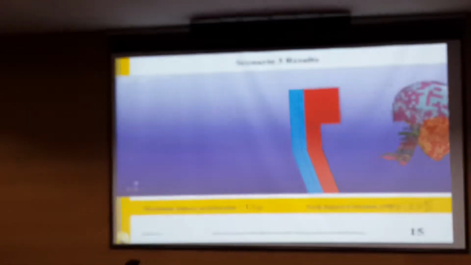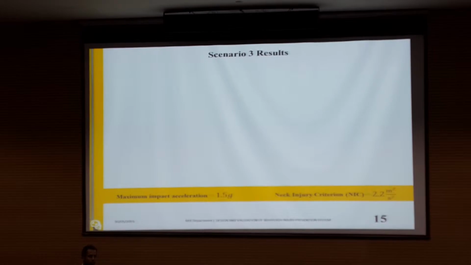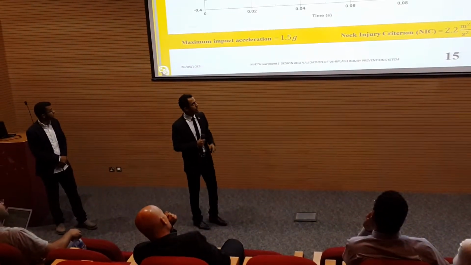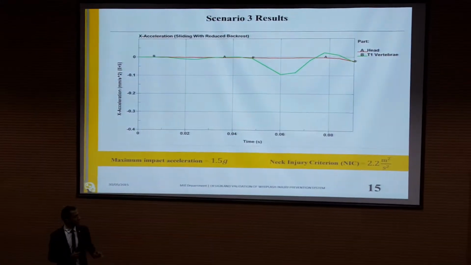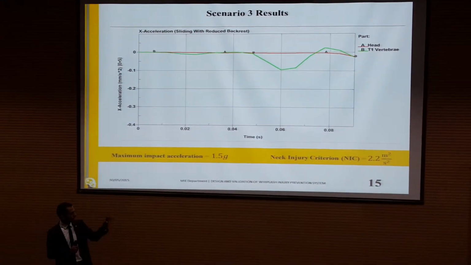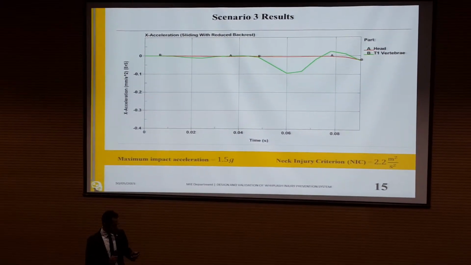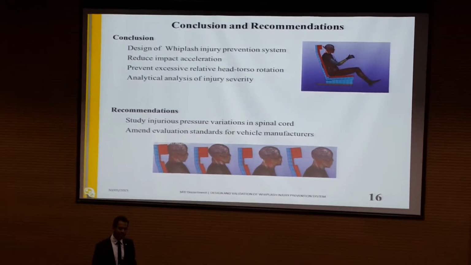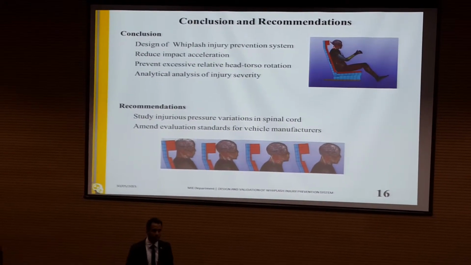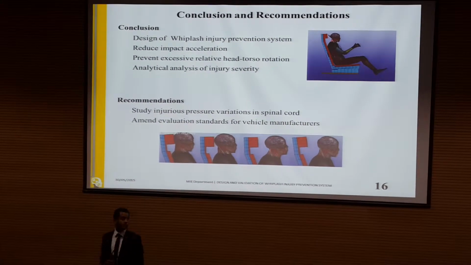However, this time the impact load acceleration was reduced to a minimum value of 1.5 times the gravity acceleration, and the neck injury criterion was reduced to a minimum value of 2.2 meters squared per second squared, again with a rebound time, or the time of calculation of the injury criterion, at 69 milliseconds. With that, we're able to design and validate a whiplash injury prevention system, and also minimize the dynamic response of the human body during the impact.